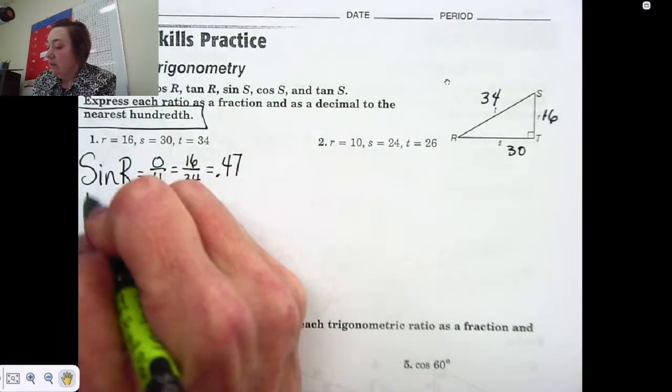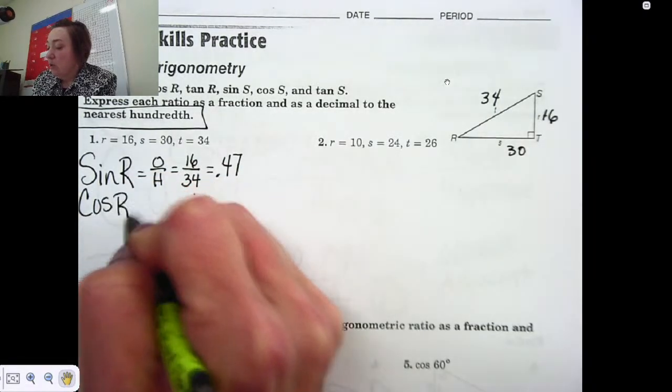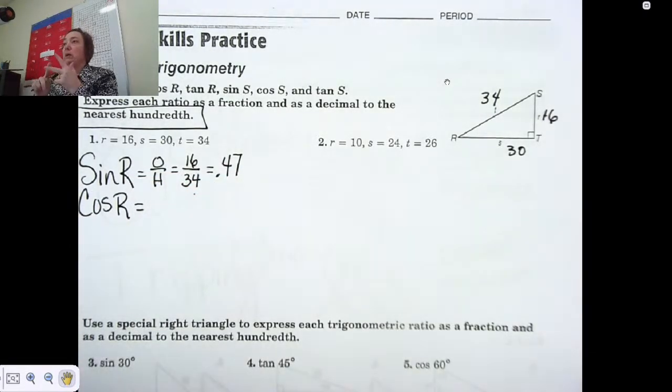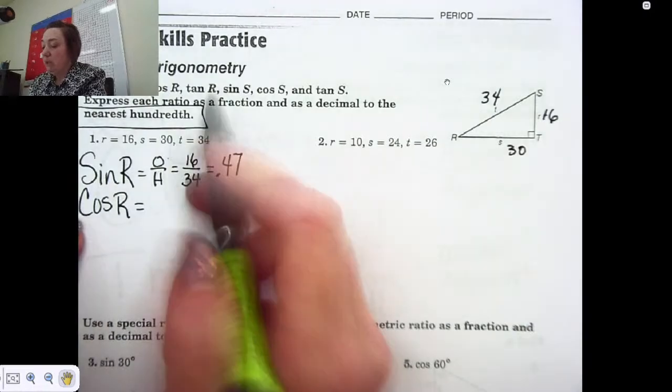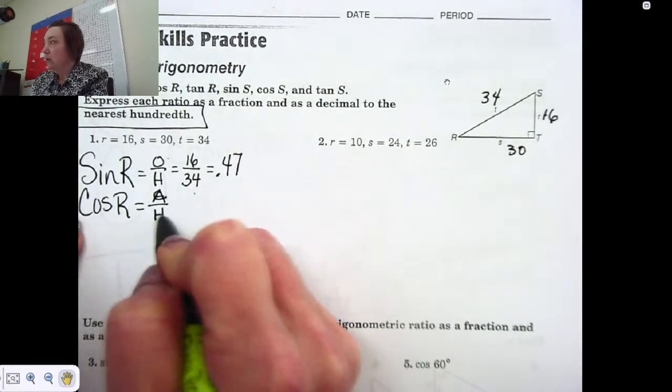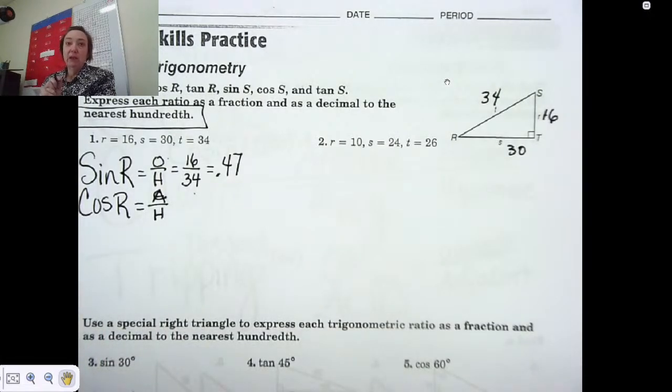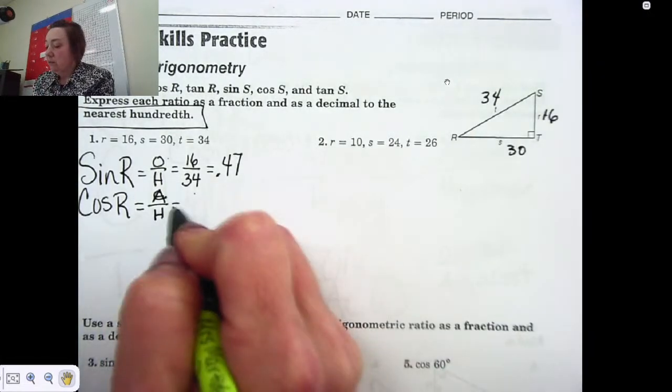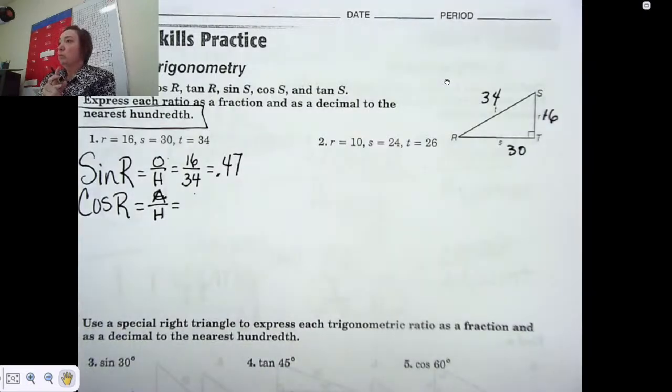Now let's do cosine of angle R. So cosine of angle R, some old hippie caught another hippie, right? Caught another hippie. So what does A stand for? Adjacent.